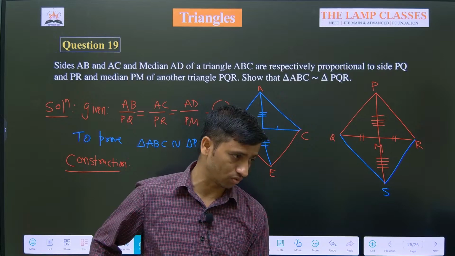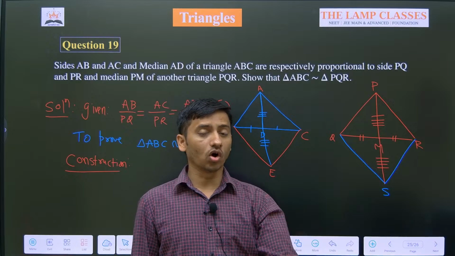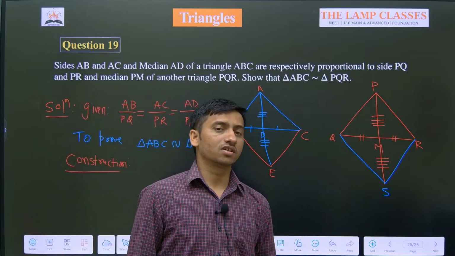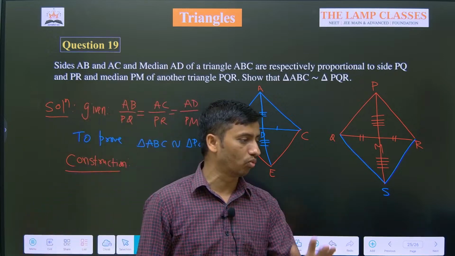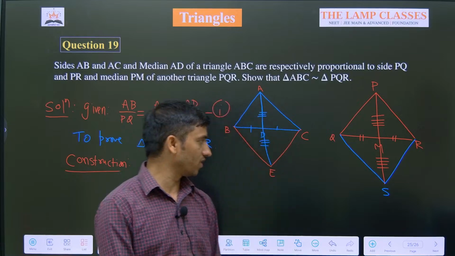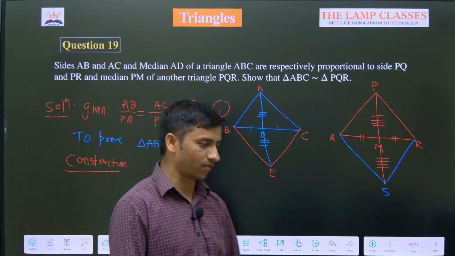I hope we have understood. In fact, by using the same condition, we also proved the fact in 9th class, I think we might have done, the centroid divides the median in the ratio 2:1. Even there we applied the same construction, guys. So we should be very comfortable with this construction even to solve some different problems.